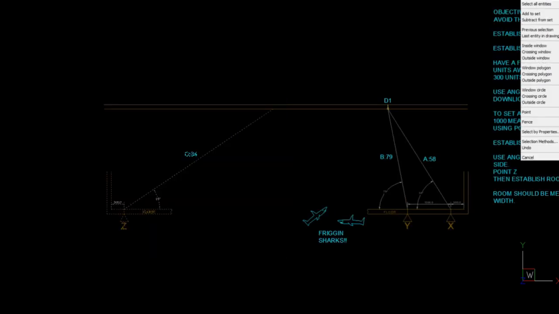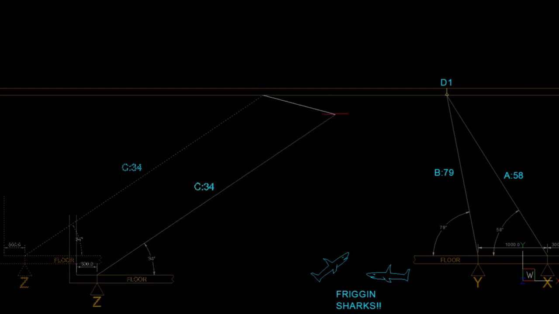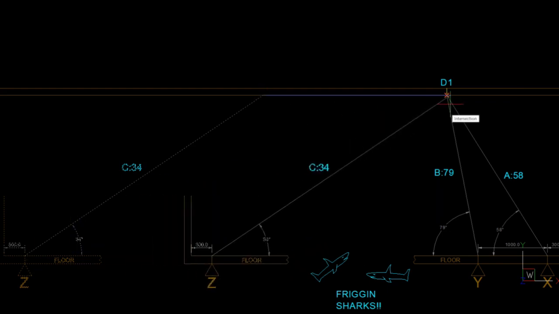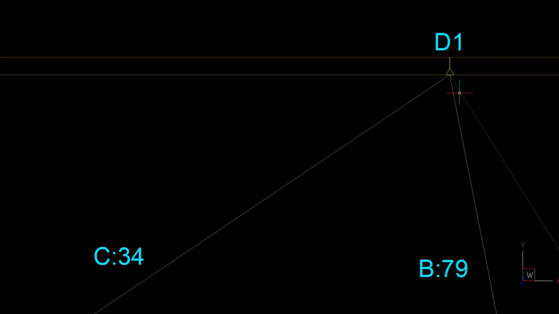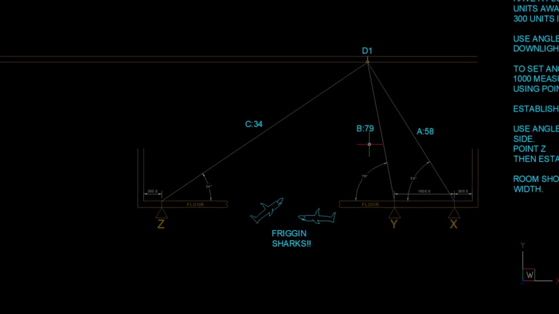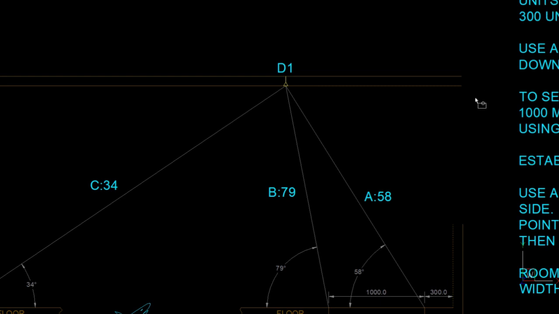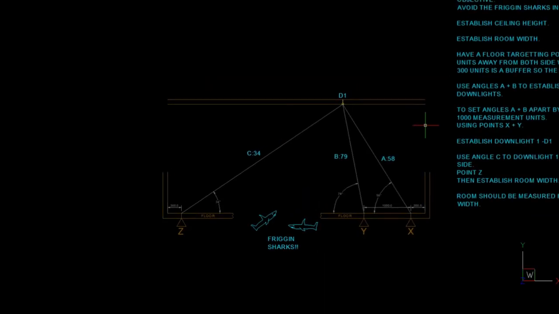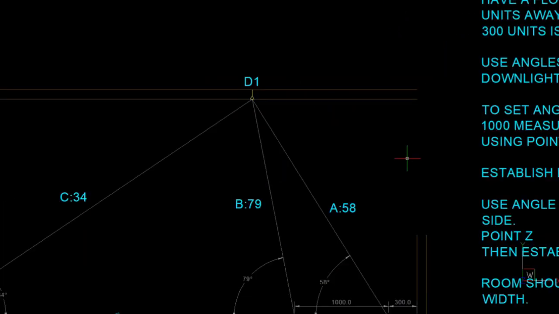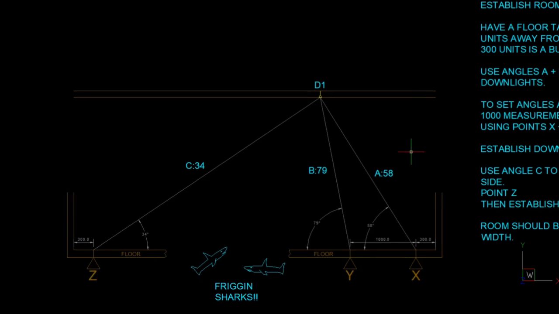I can move the entire thing across to triangulate with our downlight. Okay, the sharks are happy. They're very, very happy. They haven't been fed in weeks. They are really hungry, but at least they feel happy in their little hole.